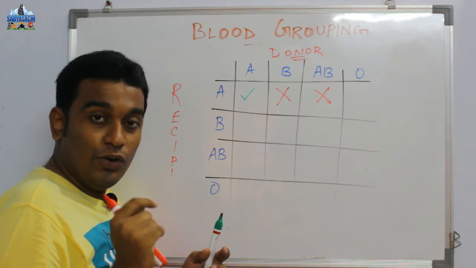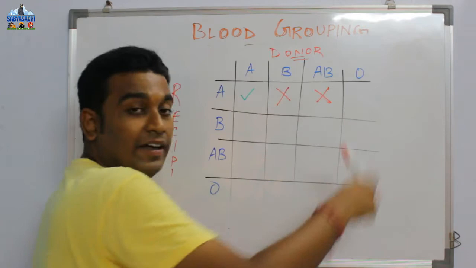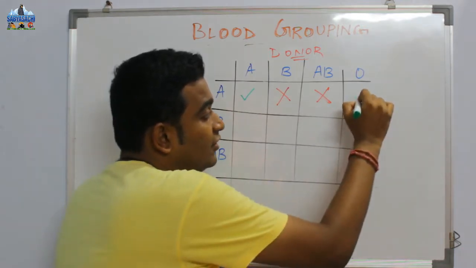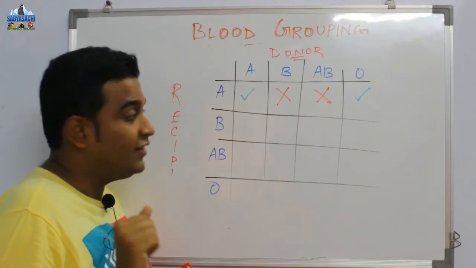Yes or no? So in that case, O can donate blood to A. So it will be yes. Right? I hope that makes sense now.